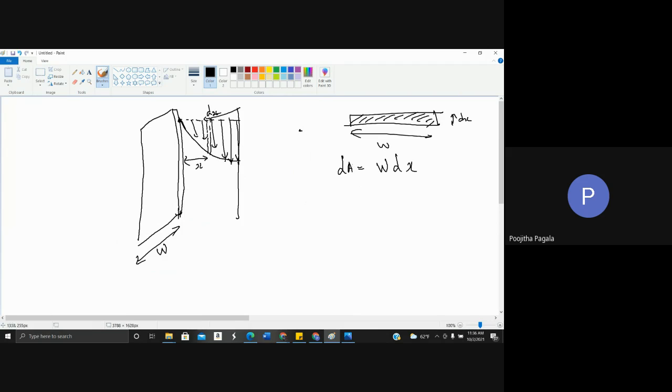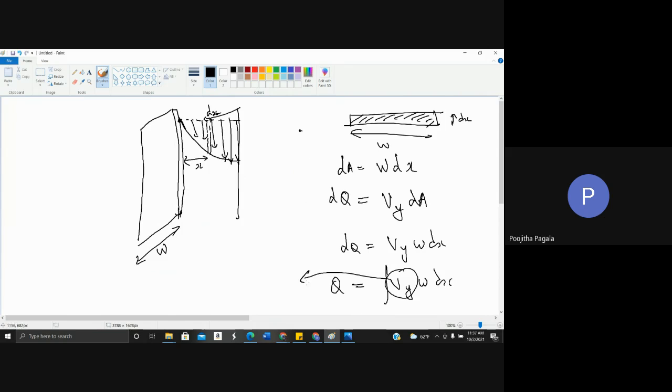Now, what is the volumetric flow rate through this area? We know that dq is equal to vy times dA, which is vy w dx. Now, to find q, you have to integrate this vy w dx.